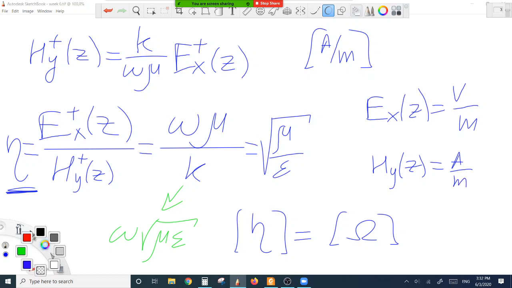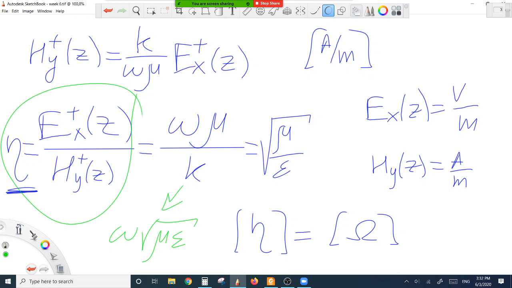So the ratio will be volt per ampere, which is ohm. The unit of eta is ohm.